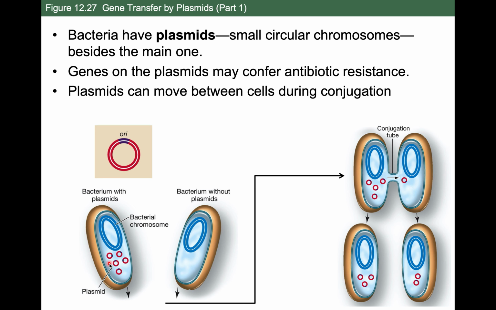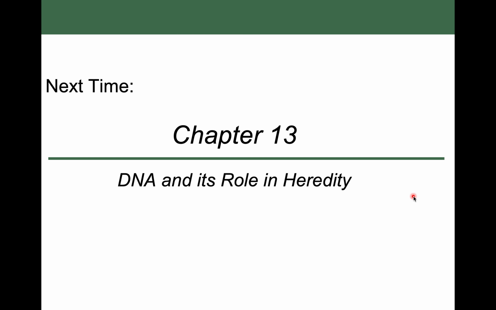For example, a lot of the genes for antibiotic resistance are found on these plasmids. And because these guys are small, they can very easily be transferred through these conjugation tubes if they form. And this is known to be one mechanism by which bacteria can pretty rapidly acquire antibiotic resistance, which is a big problem these days, as I'm sure you're aware.